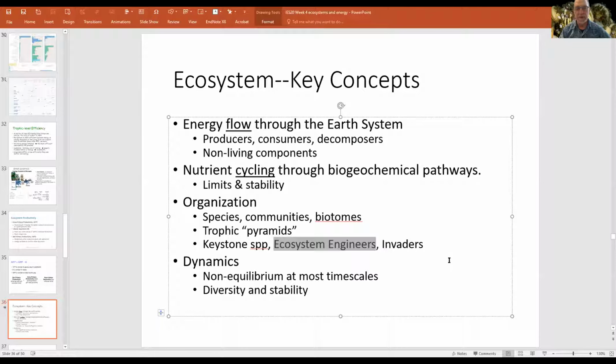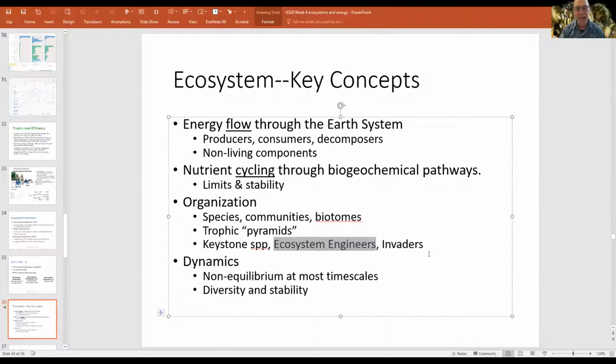Well, the tendency of beavers to produce these ponds and water areas within their ecosystem has a great effect on the availability of habitat and nutrients for other organisms. So ecosystem engineers, keystone species, these are critical roles played by individual components of an ecosystem.